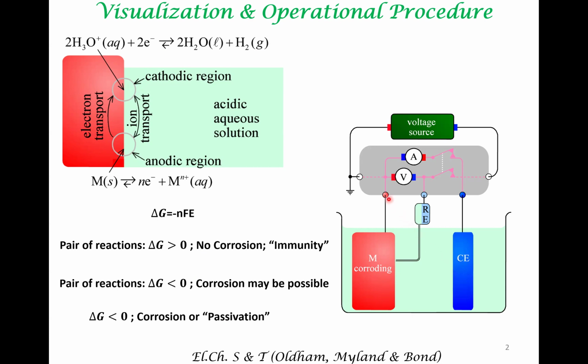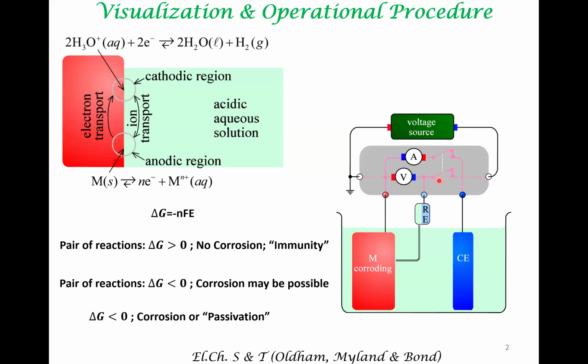This not only helps us in measuring voltages and currents. From these voltages, we can plug these voltages into this equation and get to delta G. We can also impose external voltage source, external currents, and so on.